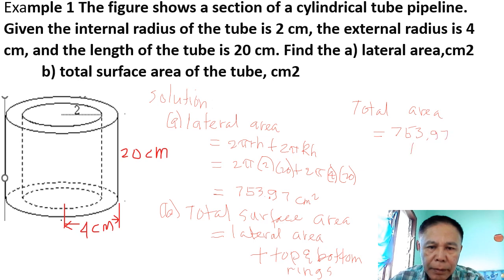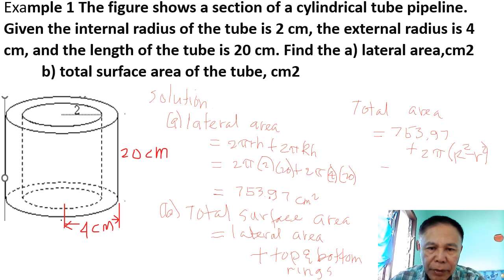753.97 plus 2 pi times R square minus small r square. The 2 is there because of top and bottom.